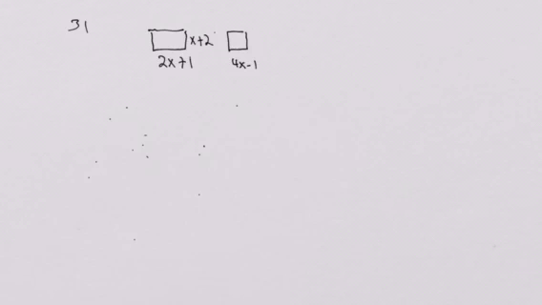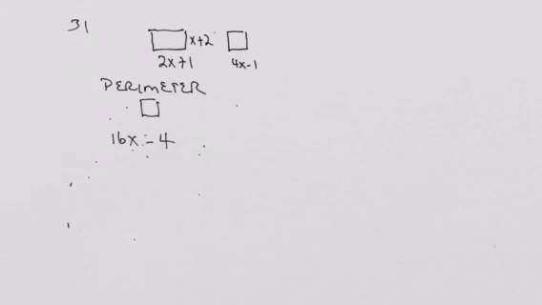Now the key part of the problem is that the two perimeters are the same. So let's think about what the perimeter of this square would be. Well, if each side is 4x minus 1, I've got to multiply that by 4, so the perimeter of the square is going to be 4 times 4x minus 1, and that is 16x minus 4.